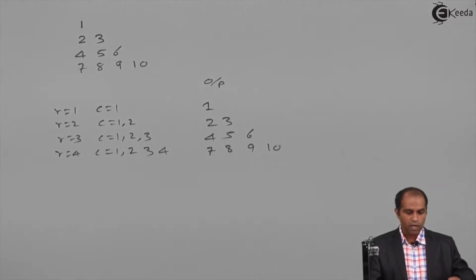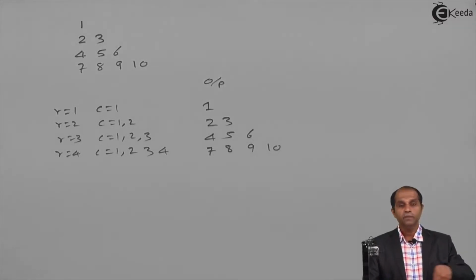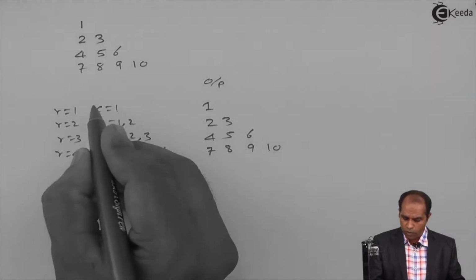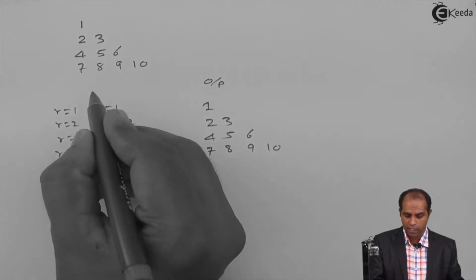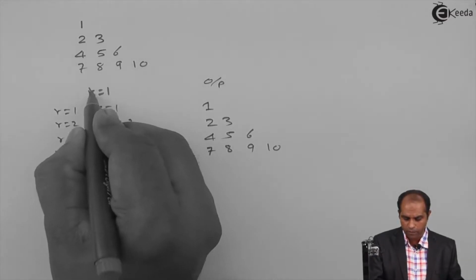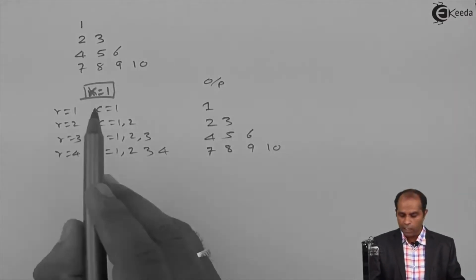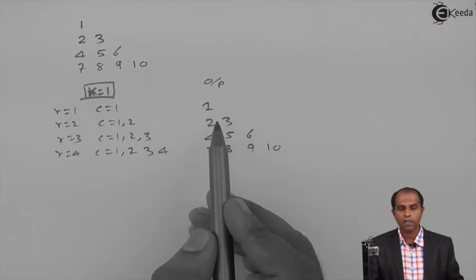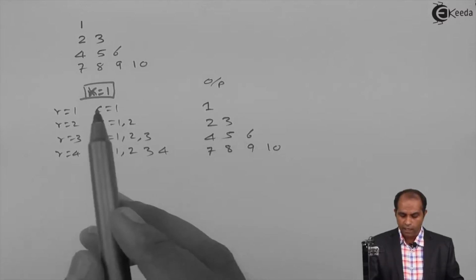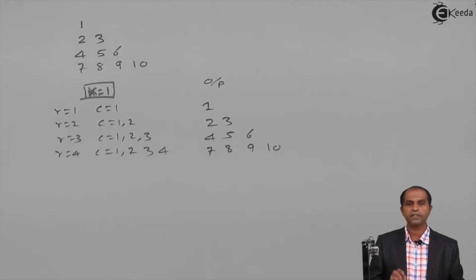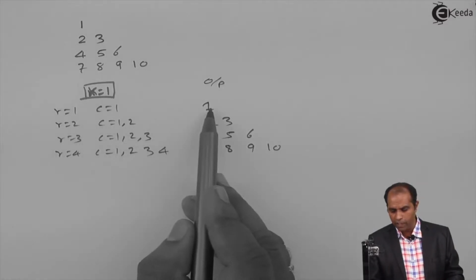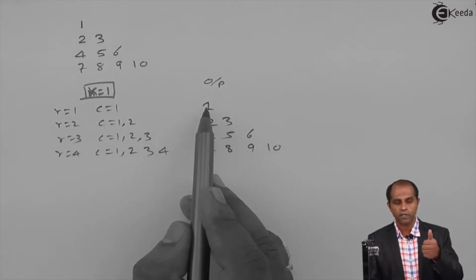So hence what I will do is use a variable called K for this particular task. Before setting the value of R as 1 and C as 1, I will take K as 1 and keep on printing the value of K, and change that value of K such that K is independent of R and C. So now, when R is 1, C is 1, I will print K and change it to the next value, that is 2.